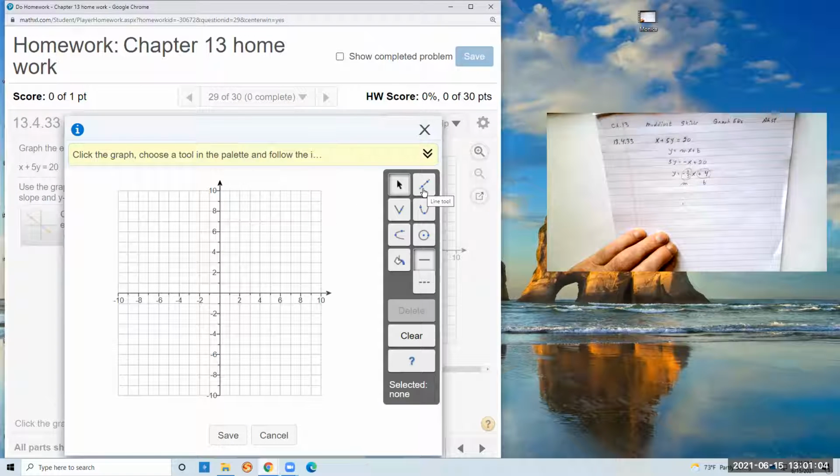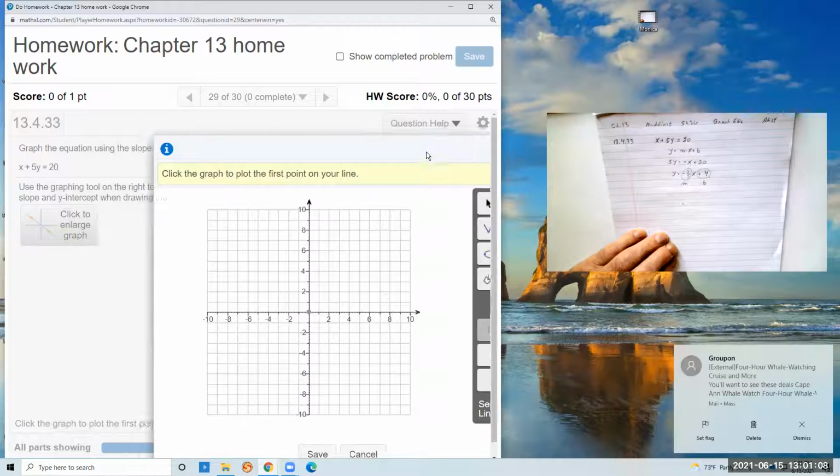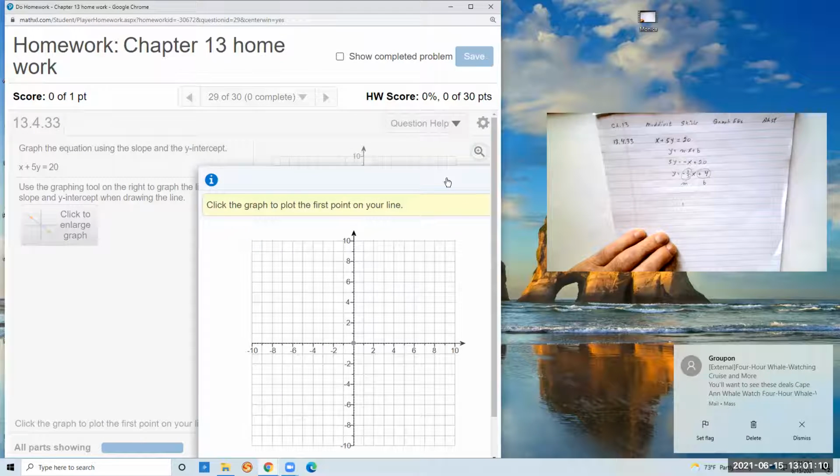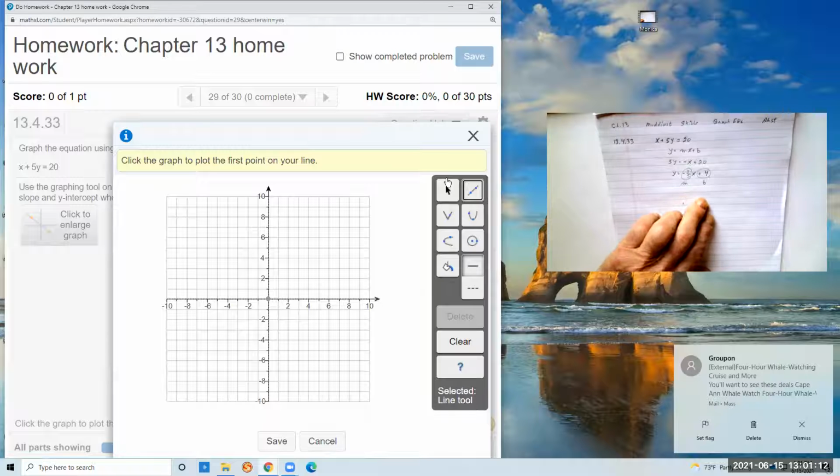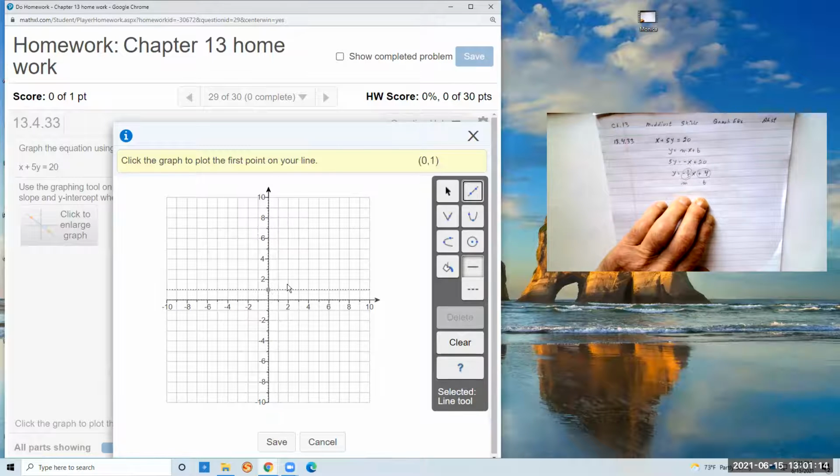I want to graph a line, so I'm going to use this. And the first thing I want to plot is the y-intercept. Notice I have crosshairs. I want x equals 0, y equals 4. Notice in the upper right-hand corner, it says parentheses 0, 4. So that's the point that I'm on.